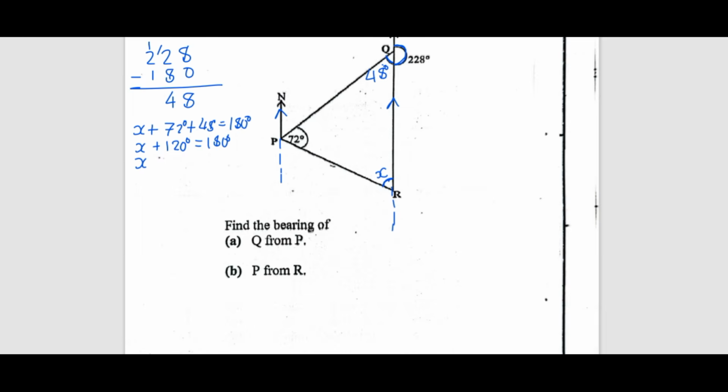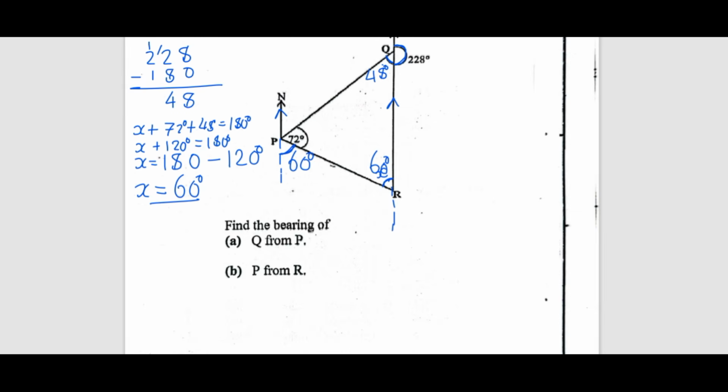So we can collect the like terms. This 120 will shift to this side. So this will give us 180 minus 120, which is 60. So here we have the value of 60. Now if here we have 60, even here we are going to have 60 because of alternate angles.